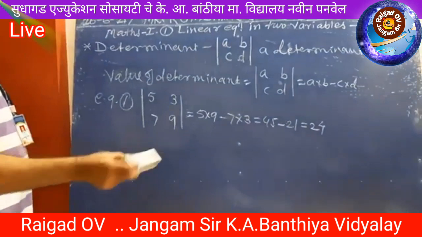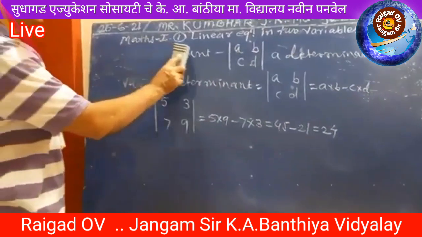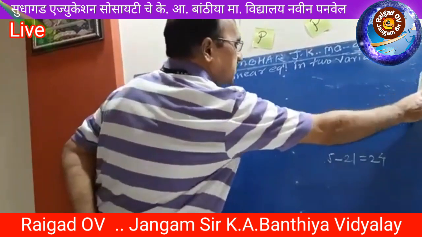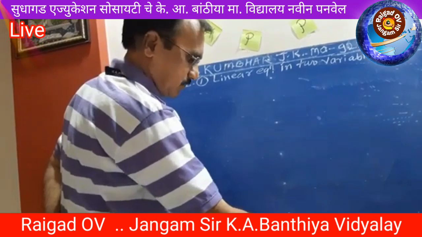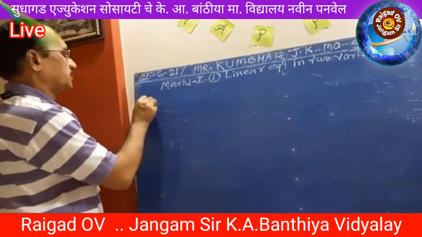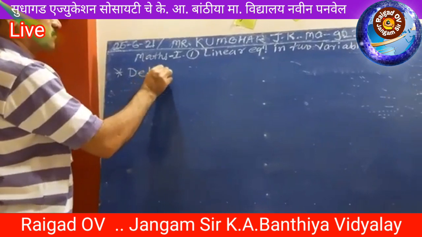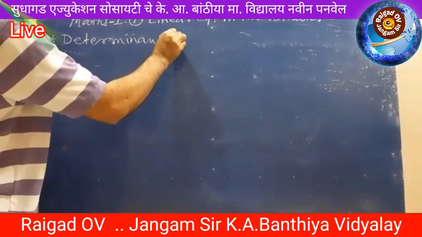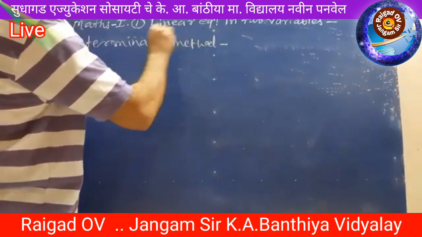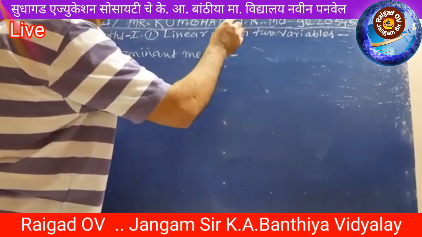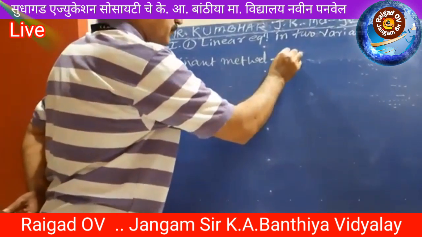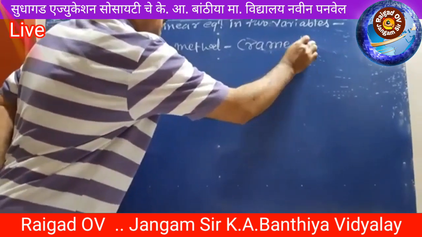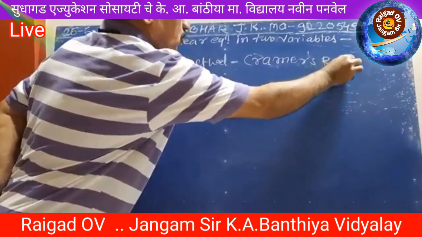Now we are going to see how to solve simultaneous equations by the determinant method. Our next point is how to solve simultaneous equations by the determinant method. Determinant method is also called Cramer's rule.